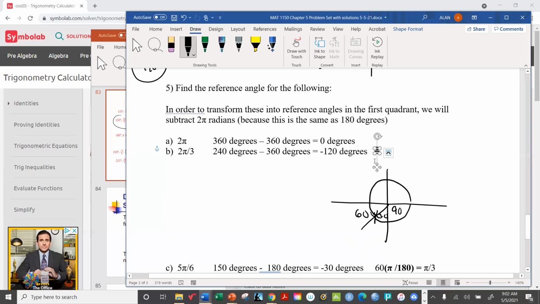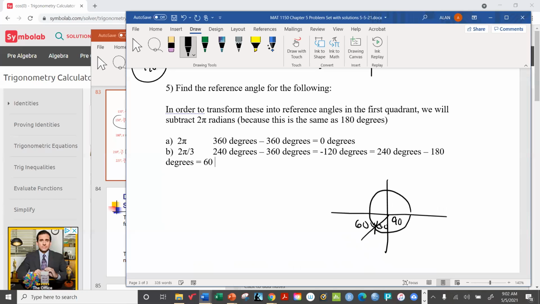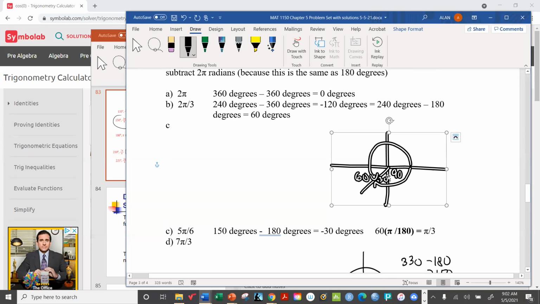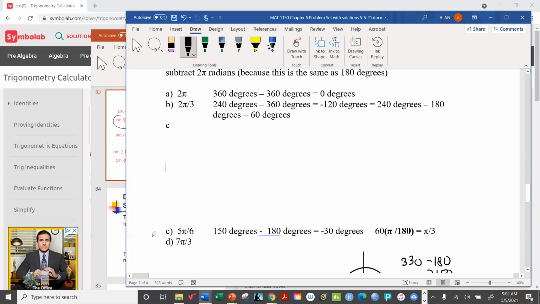And then we subtract. Now remember, before we subtracted 180 and it seemed to work. And we double checked this one and it worked just fine. But then why isn't it working here for 5 pi over 6? All right, let's see. This is 150, let's say we subtract 360.